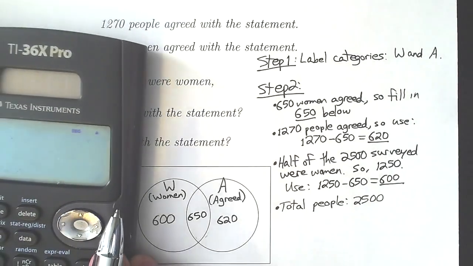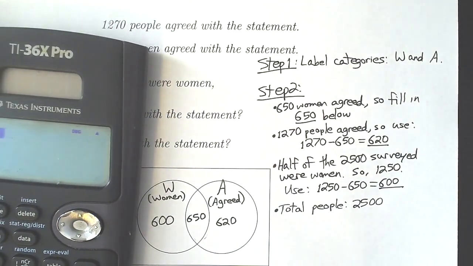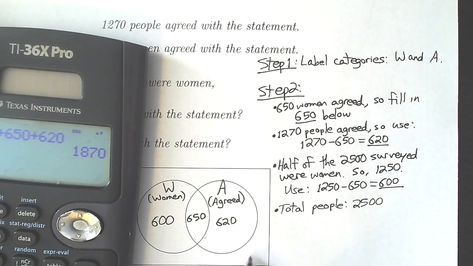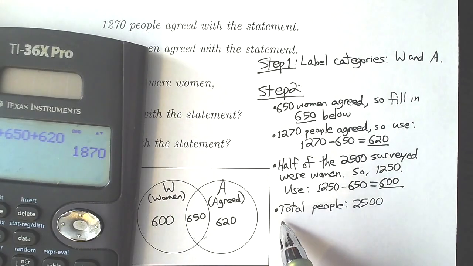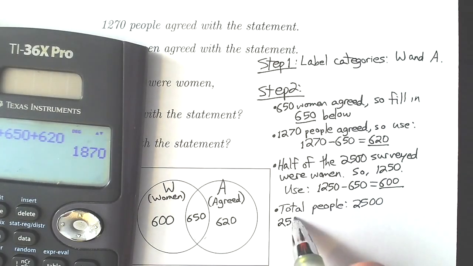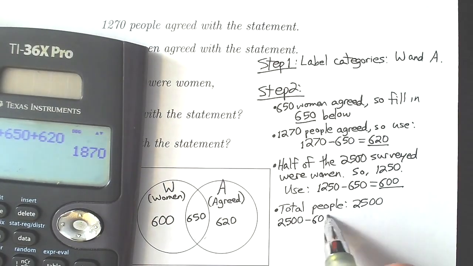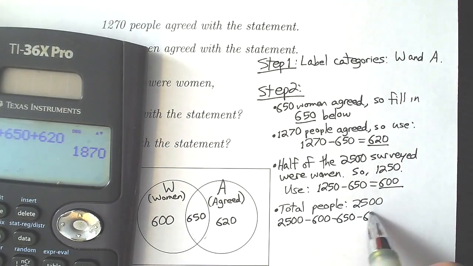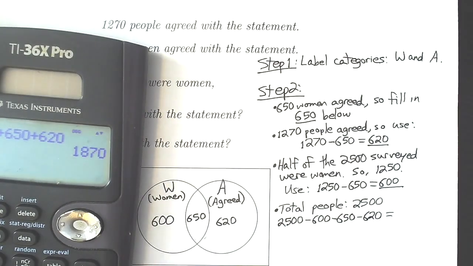We can see how far off we are. 600 plus 650 plus 620. Yeah, we don't have enough people yet. So there are some people out here. We could find it by doing 2,500 minus the 600 minus the 650 minus the 620. That would give us how many leftover people there were.